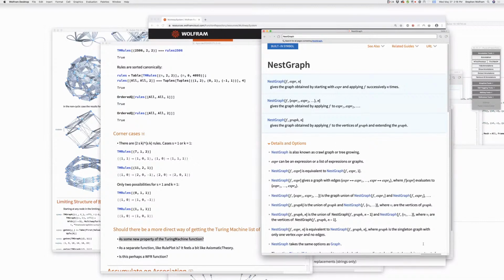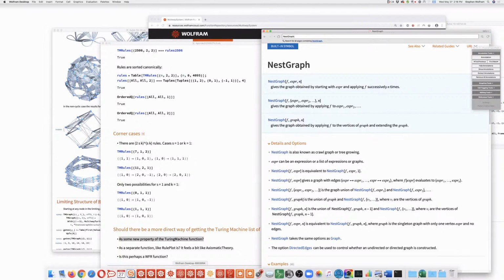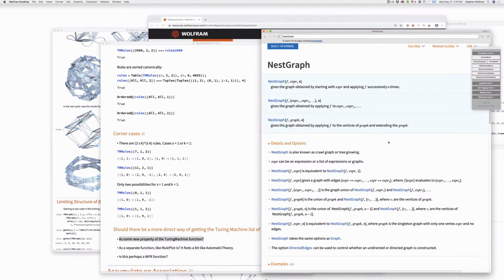If there's a cycle in the graph, or if I have string reverse as my function, and I say nest graph 100 levels, it will actually run string reverse 100 times, even though it's already been here before. Why should I apply this function again? It does it again anyway, presumably because it doesn't know the function is deterministic. But there should be a method option for nest graph to say that it's a deterministic function and cache it.